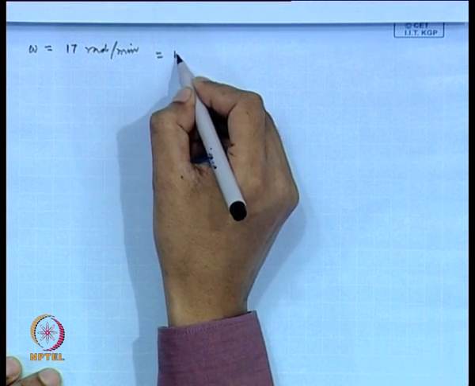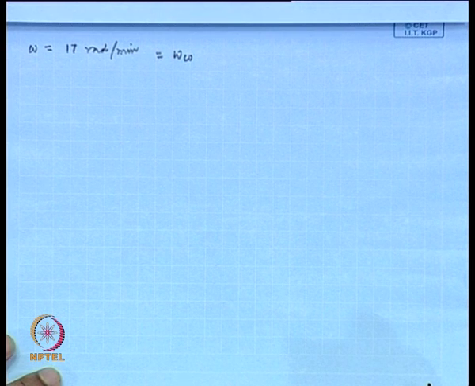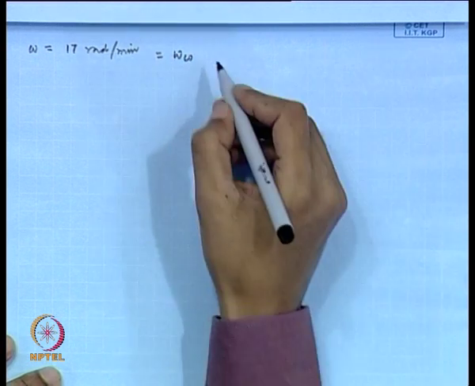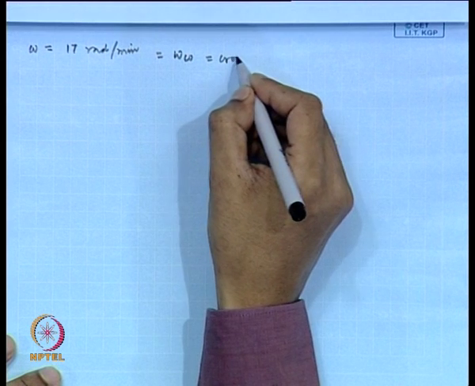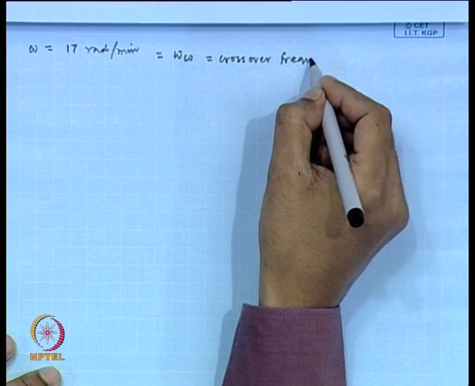It is represented by omega suffix CO, crossover frequency.